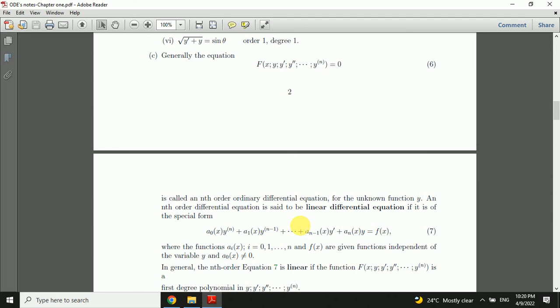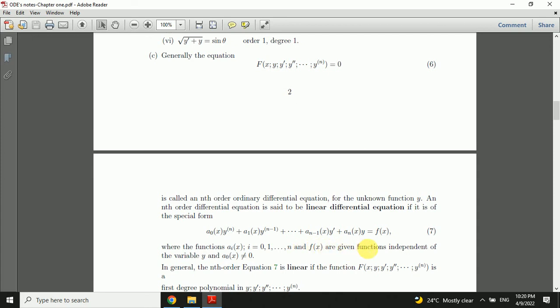So we say that a differential equation is linear if it has this form. The number of times you're differentiating goes on reducing. In this case, we start from n, and the number of times you're differentiating reduces up to 1. And these functions here, a0 of x, a1 of x, an minus 1 of x, an of x, you can see that all these ai's are functions of x.